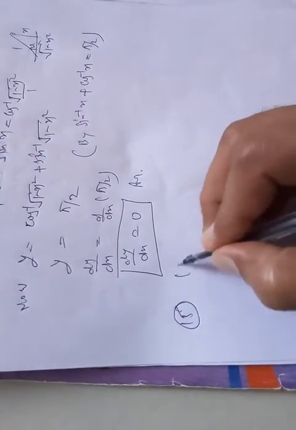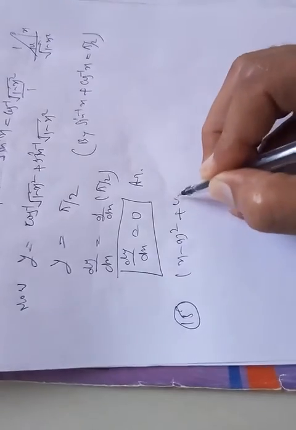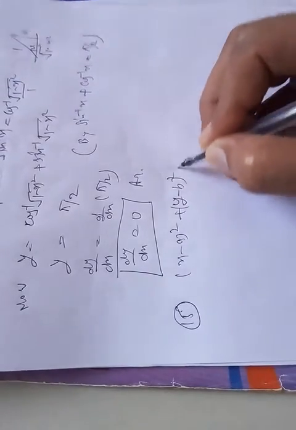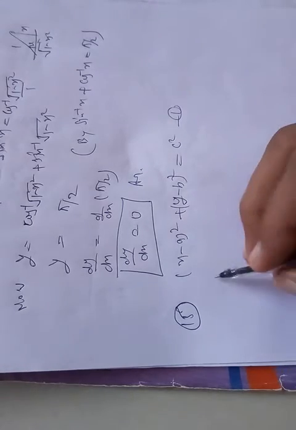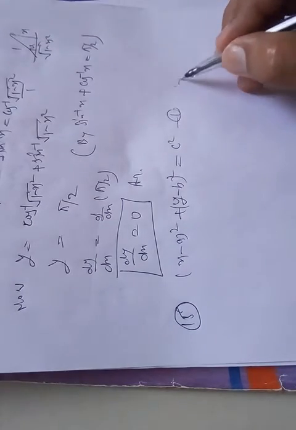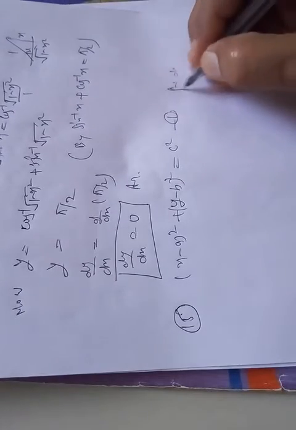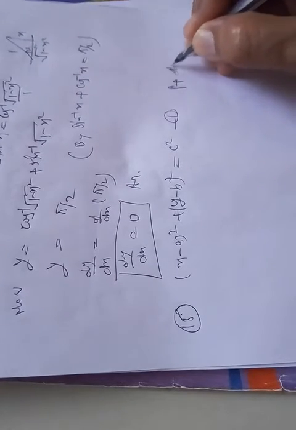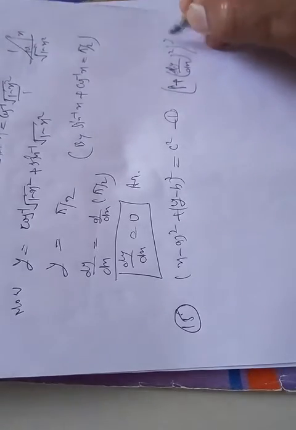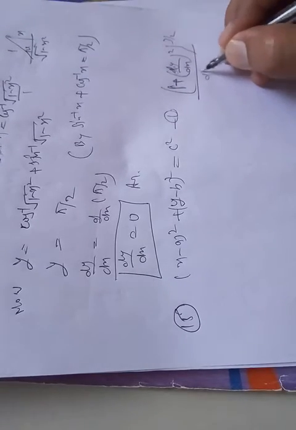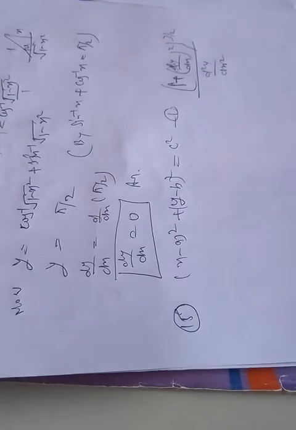Question number 15. (x minus a) square plus (y minus b) square equals c square, number 1, and prove that [1 plus (dy/dx) square] to the power 3 by 2 upon d2y/dx square, right?